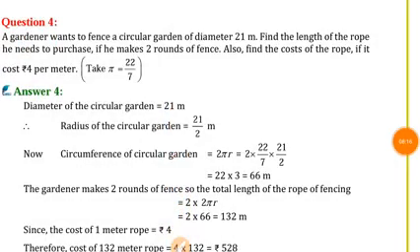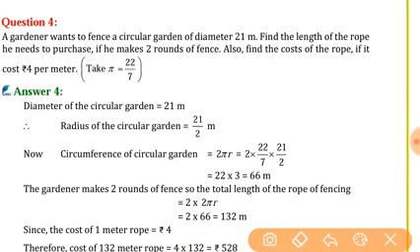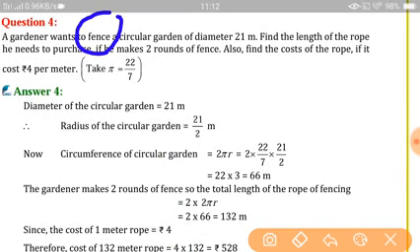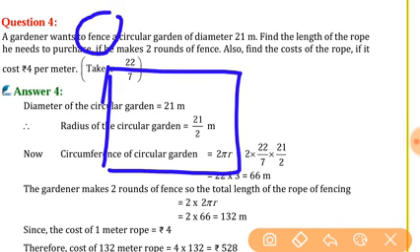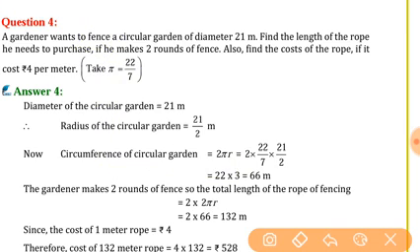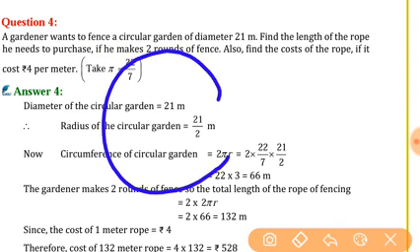A gardener wants to fence a circular garden of diameter 21 meter. See here, one word, fencing, comes. Fencing means edges or compound, like a compound. If it is a square or rectangle shape, it is like a compound. So in the same way, circular fencing.